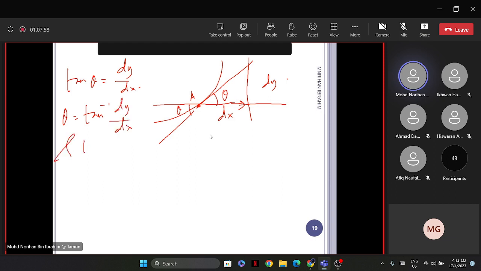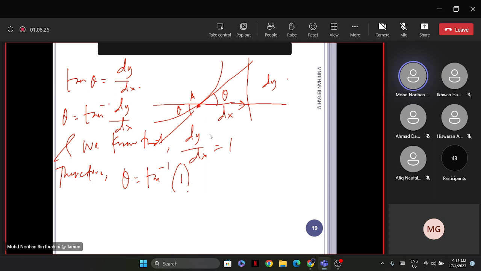And we know that dy over dx, from the previous step, is equal to 1. Therefore, theta is equal to tangent inverse of dy over dx, which is 1.